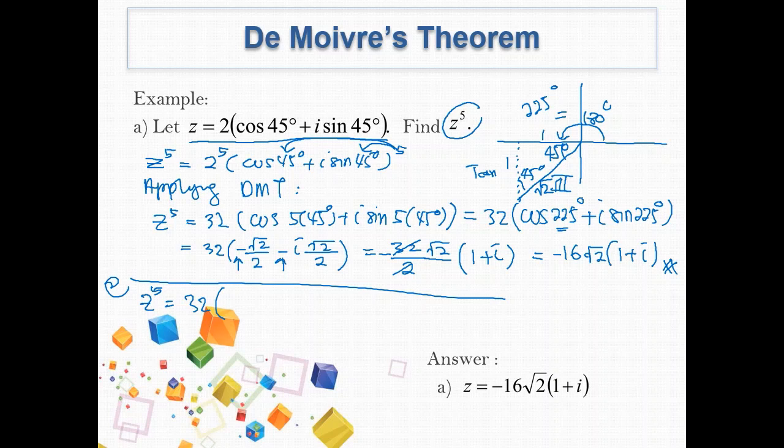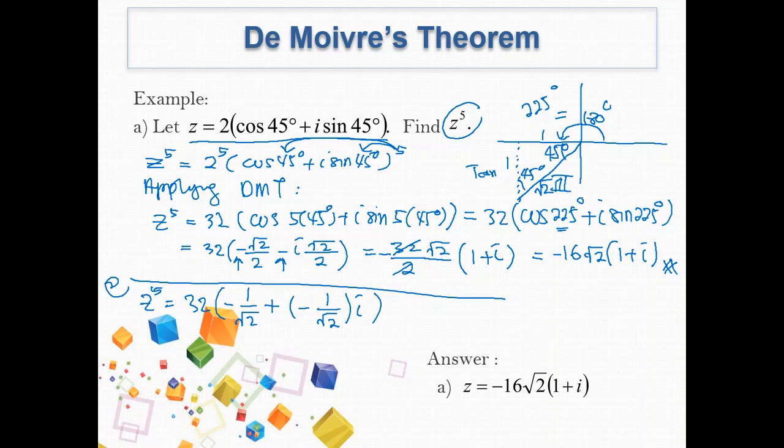So don't forget to include negative 1 over square root of 2. It is negative because cos in the third quadrant is negative. It is plus another 45, but for sine it is opposite over the hypotenuse, also a negative value, negative 1 over square root of 2. Don't forget.